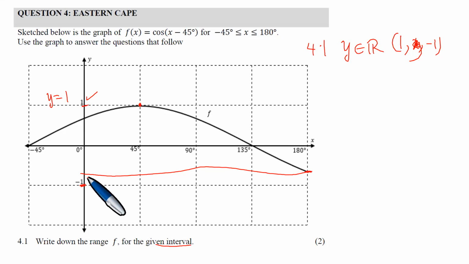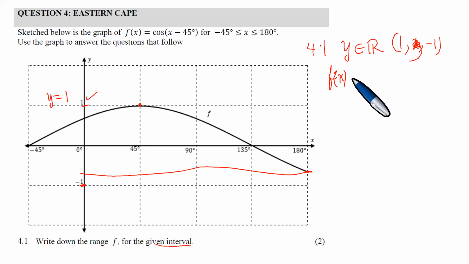So what is it? You get the point? Yes, sir. Right. So there's a little bit, that is why it's 2 marks, possibly. So you need to realize that at 180 degrees, it is just something else. So you need to say f of x, because we need to find out what it is here. Because it does not reach -1.